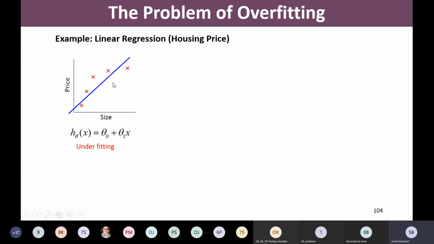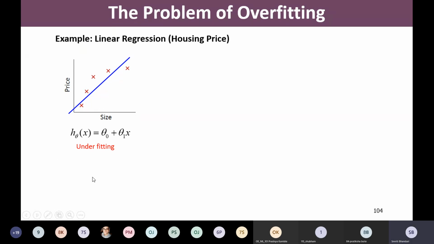But if we look at this, we may say that this line fitting, or fitting of this hypothesis, is not that correct. So we may say that it is underfitting.